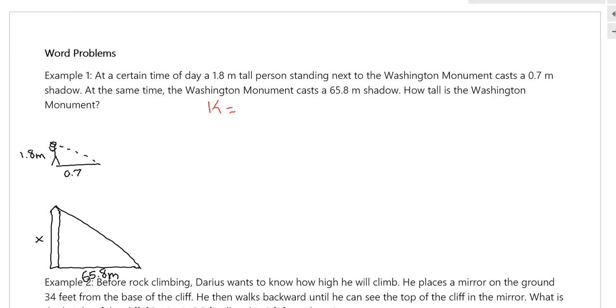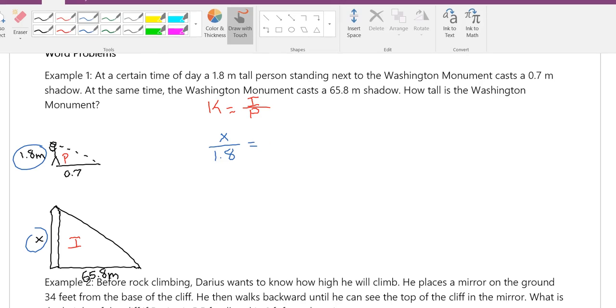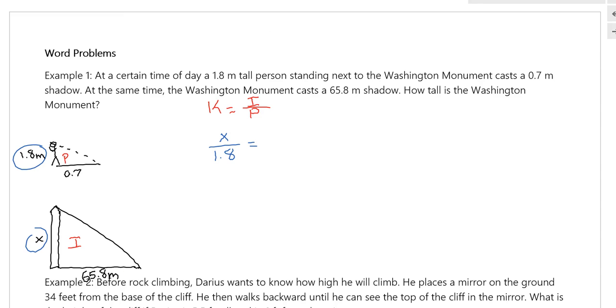K equals I over P. This is going to be my pre-image and my image. So from image first, X, their heights are going to match up. And then the shadows are going to go together. Image and then pre-image.